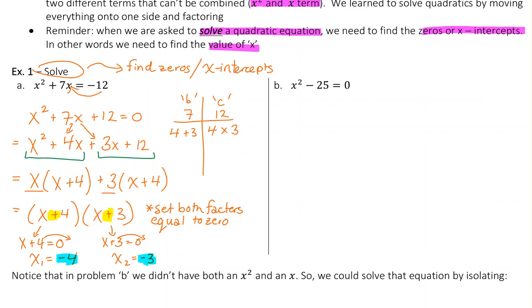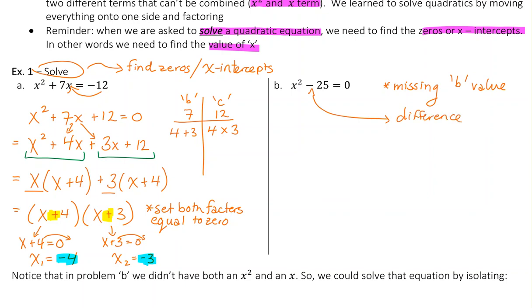Let's go on to the next one. If you look at this next problem, you have x squared minus 25. Here, we're missing our b value or our middle term. Let's just recall types of factoring problems before we try this. Another word for subtraction, which you see right here, is difference.